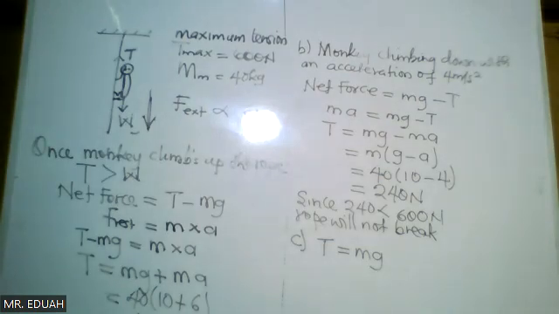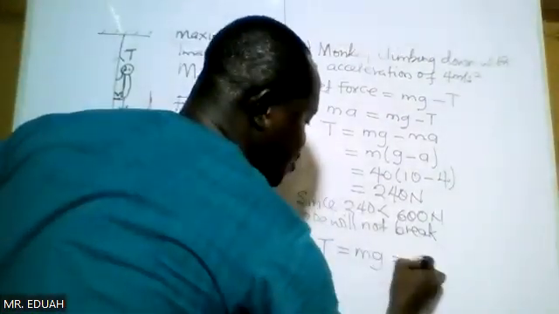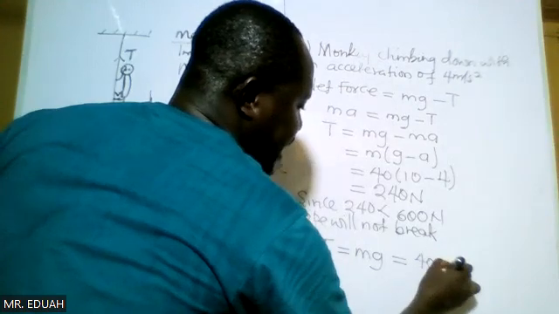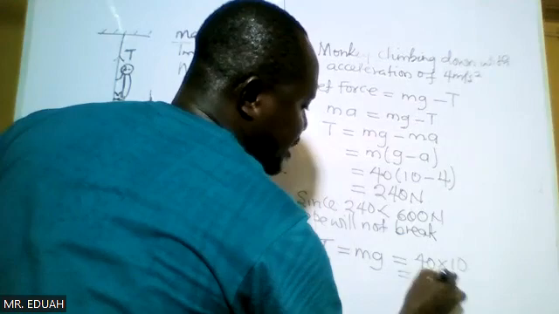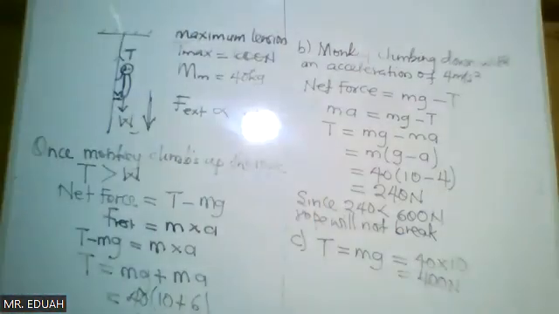There's no net force. So straight away, the tension is equal to 40 times 10. And this is 400 Newton.